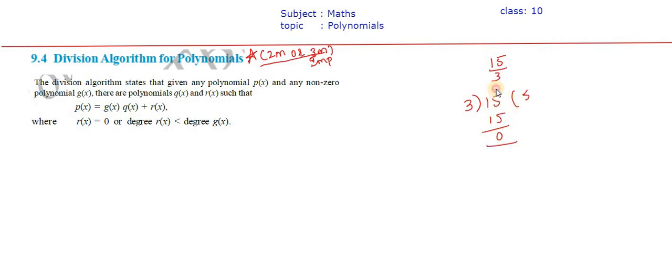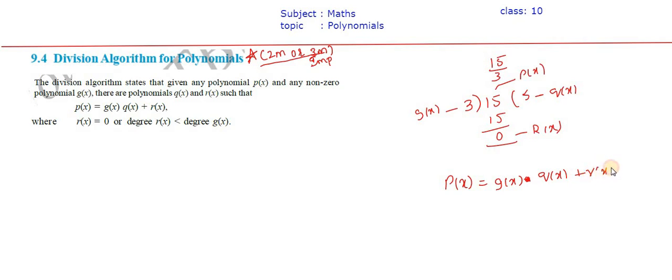We can take 15 as p of x, the quotient as q of x, 3 as g of x, and the remainder as r of x. So we can write p of x is equal to g of x into q of x plus r of x.